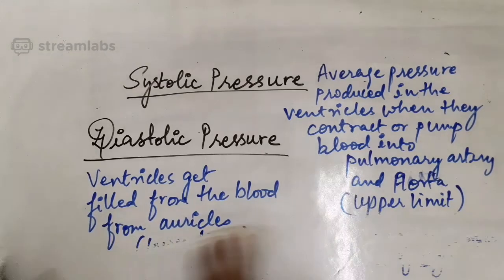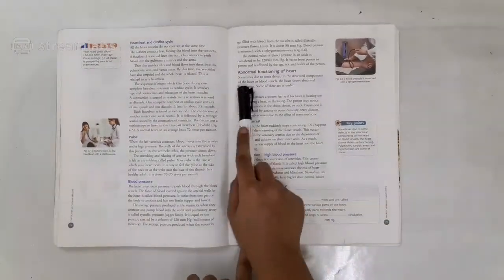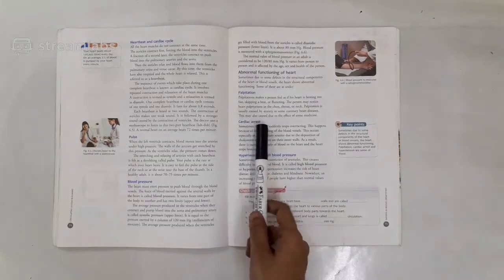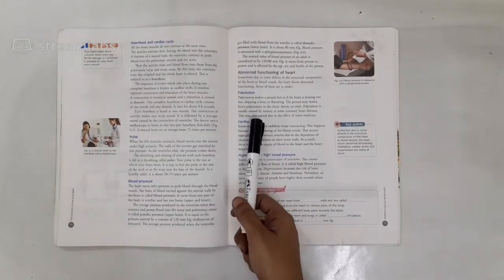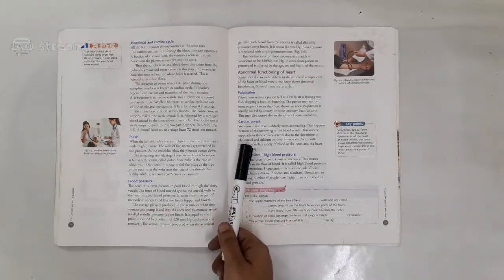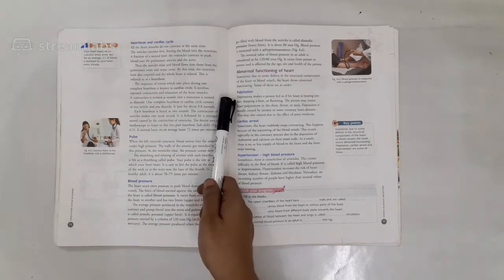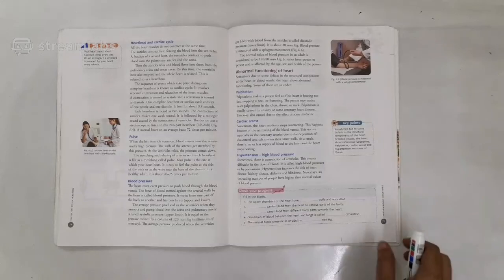Okay. Now in the next class we will be discussing the abnormal functioning of the heart. Abnormal functioning of the heart means the problems or dysfunctioning of the organs of the heart or the muscles of the heart or the parts of the heart or the circulatory system, which will include palpitation, cardiac arrest, hypertension or high blood pressure.